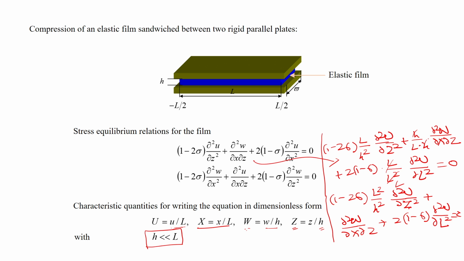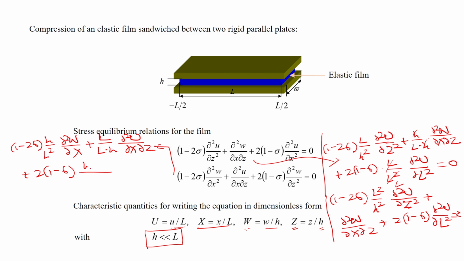Now, for the other equation I will write on the other side. Here this is 1 minus 2 sigma, and this is del square W. So, this is H by L square, del square capital W by del x square, plus, for U it is capital L here, and X is capital L and Z is H, del square capital U by del X del Z, plus 2 into 1 minus sigma, for W this is H and this is Z square.